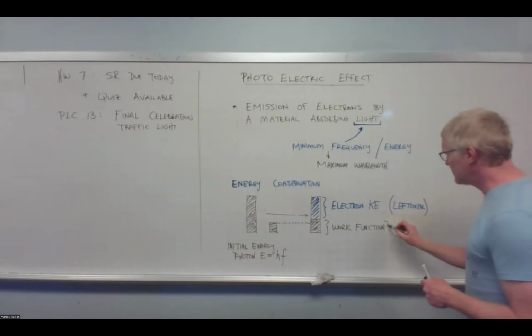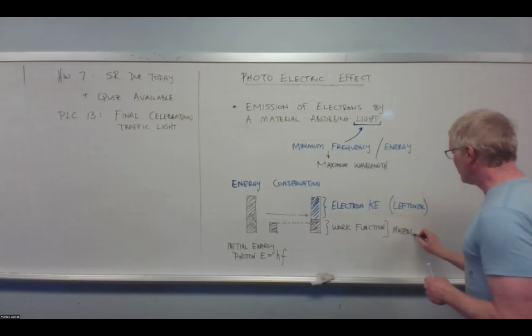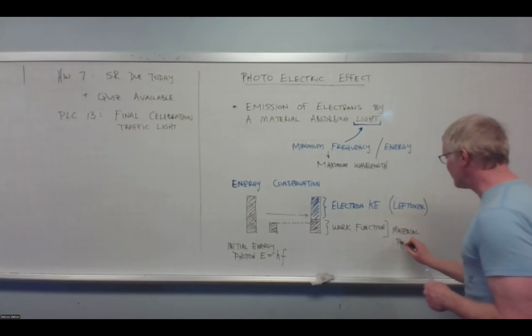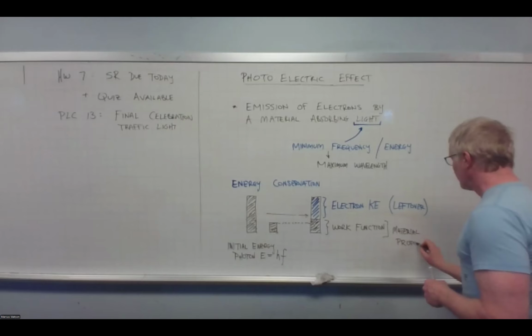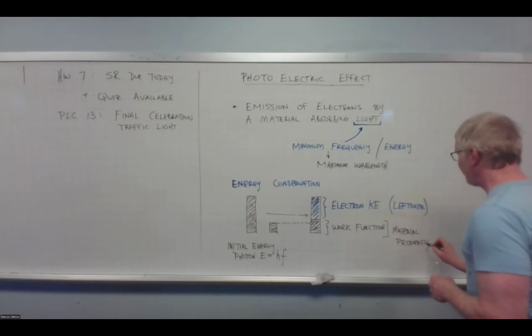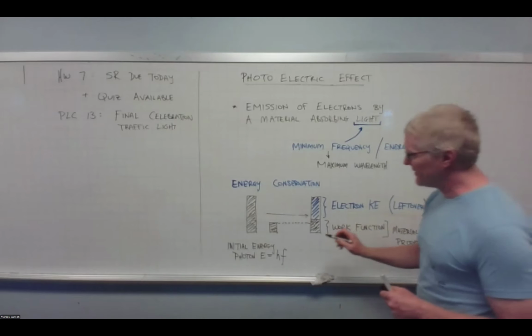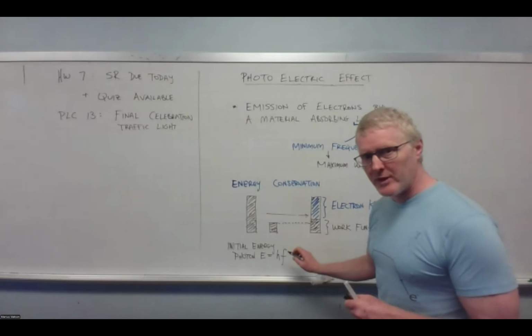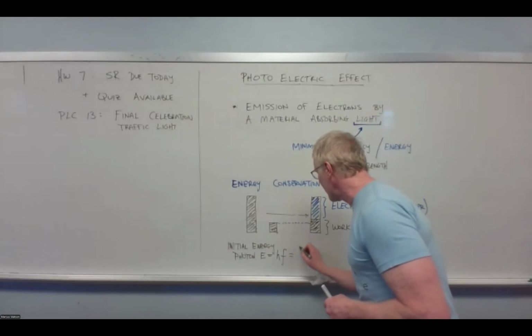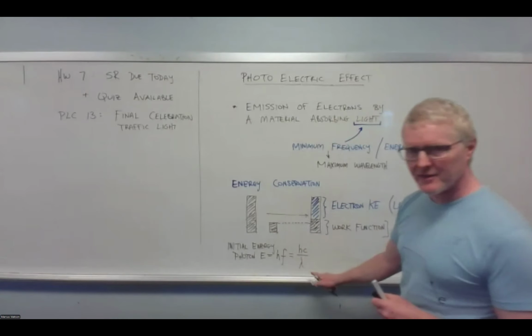So the work function is a material property, and we usually deduce this because what we effectively end up measuring is not necessarily the frequency of the light that's incoming, but remember that we typically can easily measure the wavelength of the light.